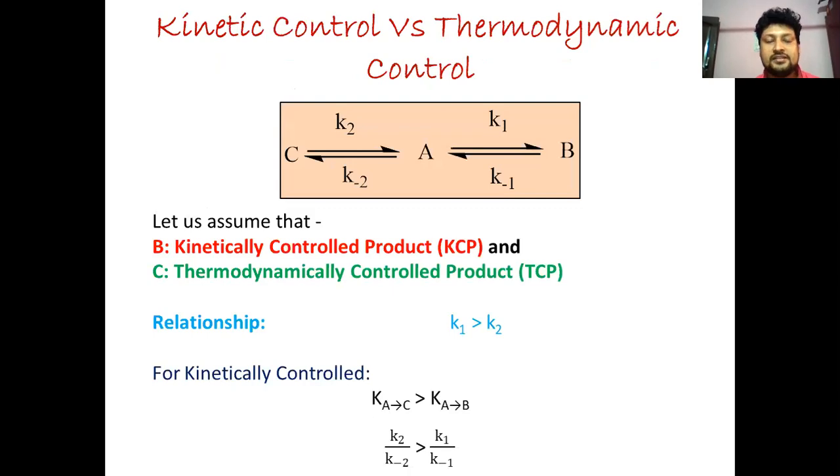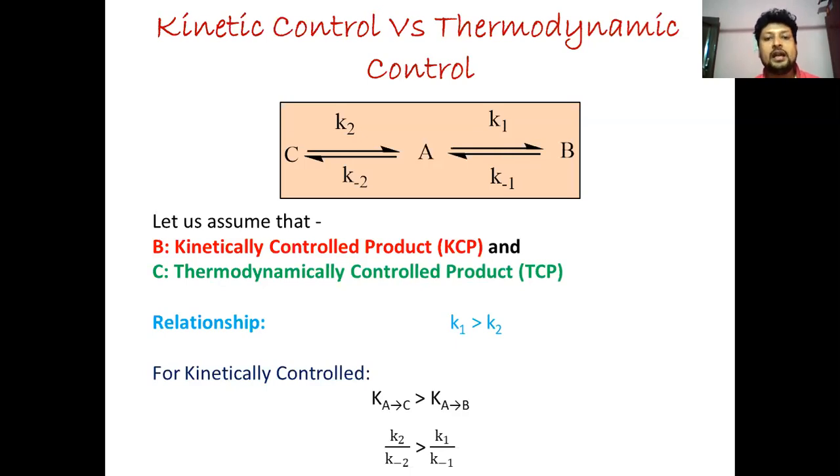Here we are considering the same reaction. Now let us assume that for this particular general equation, B is the kinetically controlled product, that is KCP, and C is the thermodynamically controlled product, that is TCP. So obviously we have understood that since B is a kinetically controlled product, the relationship should be K1 is greater than K2.